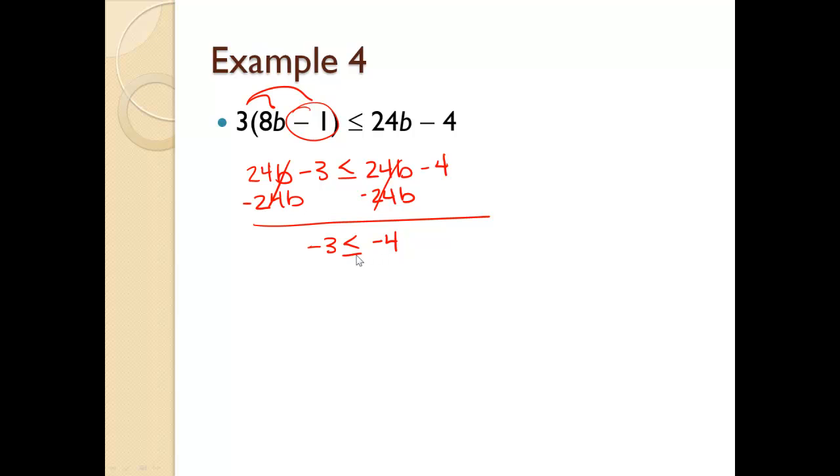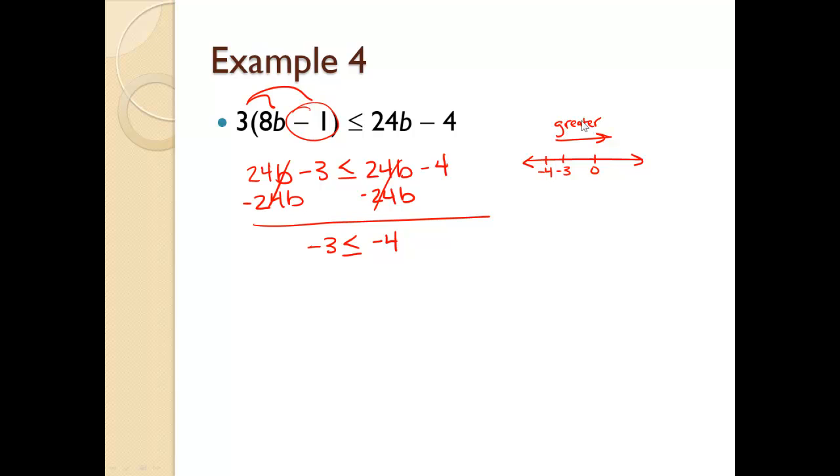Well, we know that -3 isn't equal to -4, and hopefully you know that -3 is actually greater than -4, and if it helps, make yourself a number line. Here's 0, here's -3, here's -4. Greater than goes this way.